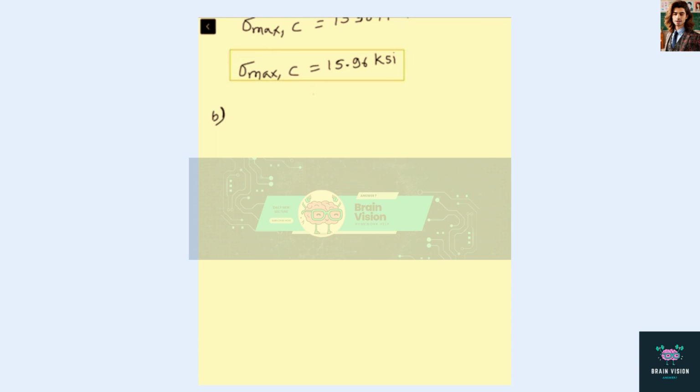Okay, so now moving to part B of the problem. First of all, calculating the maximum bending moment of the cantilever beam which will occur at point A. So we can write Mmax equals P multiplied by 5 into 12 plus 22.5 multiplied by 8 multiplied by 8 by 2 multiplied by 12.